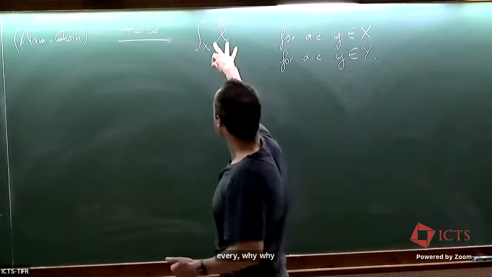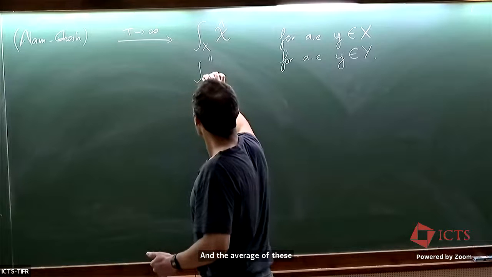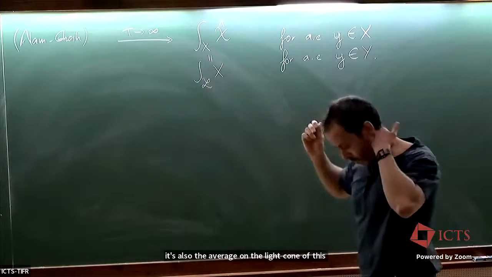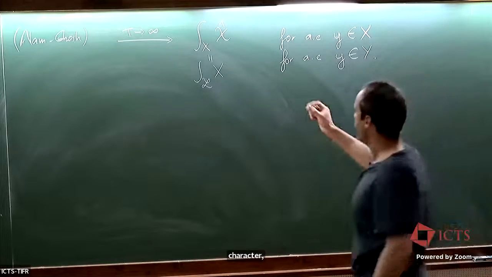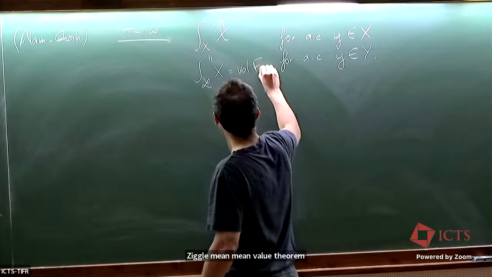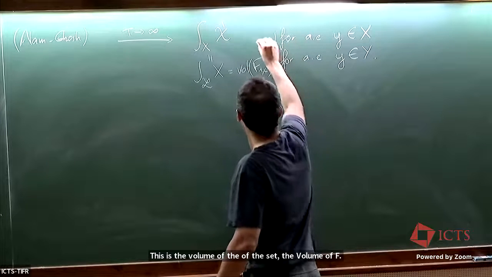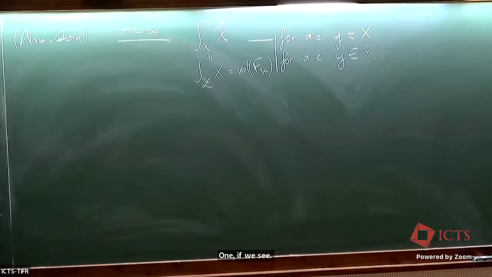And the average of the Siegel transform is simply also the average on the light cone of this characteristic function. This is the Siegel mean value theorem. So this is the volume of the set, the volume of F1C. So this is exactly the theorem of Alam-Ghosh above.